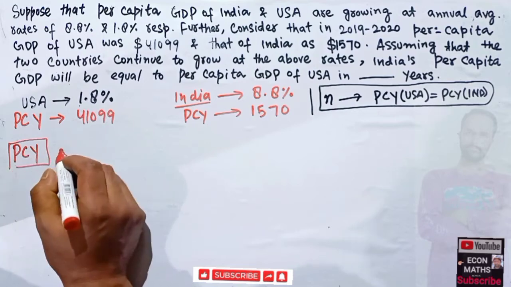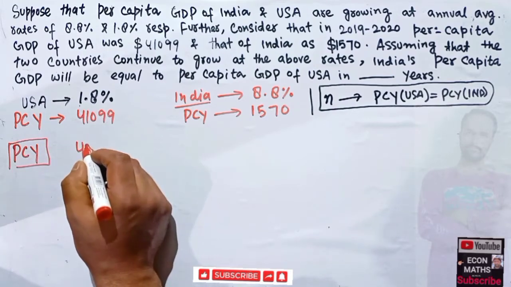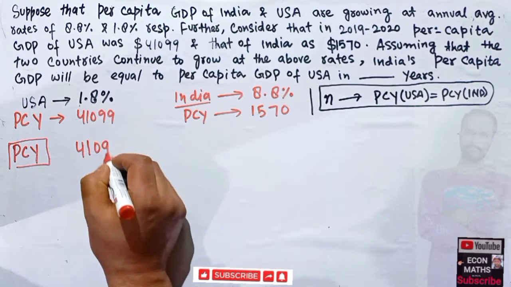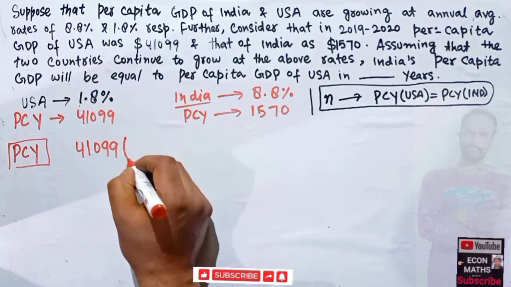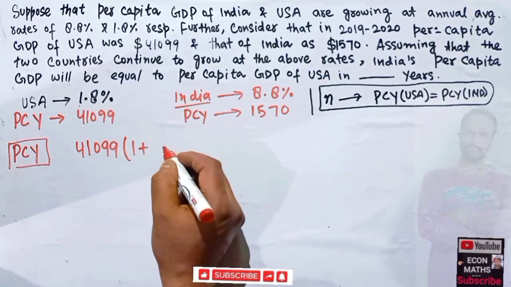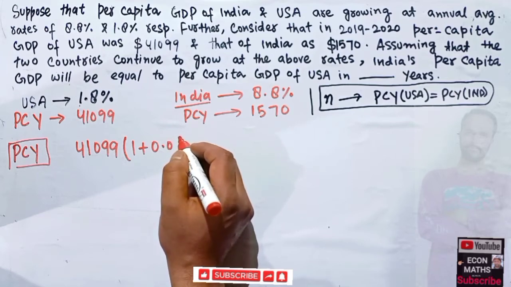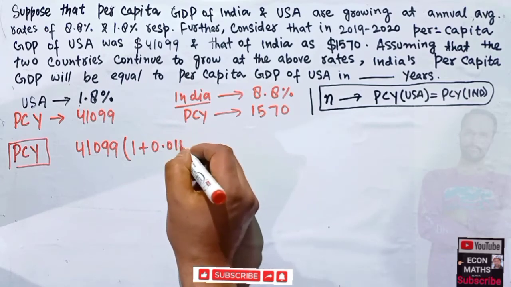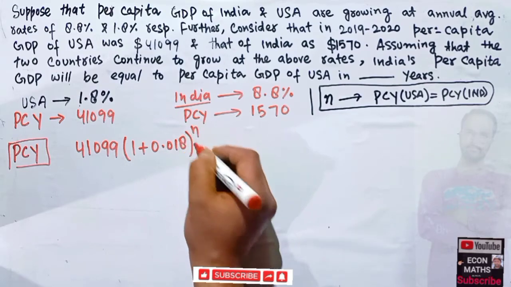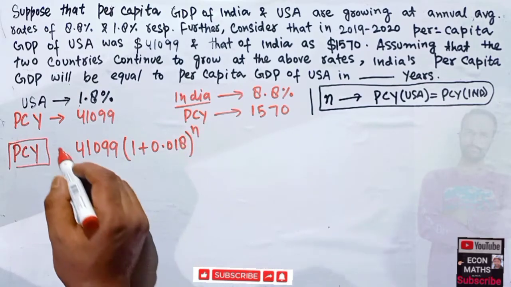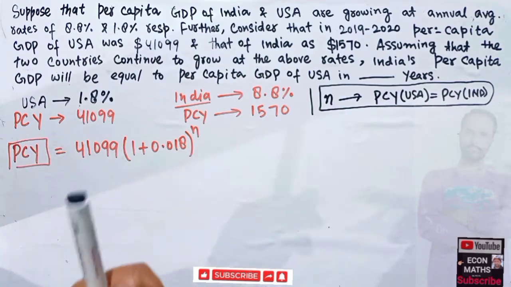It will be equal to 41099, that is our original amount, to which we multiply (1 + 0.018) raised to the power n.